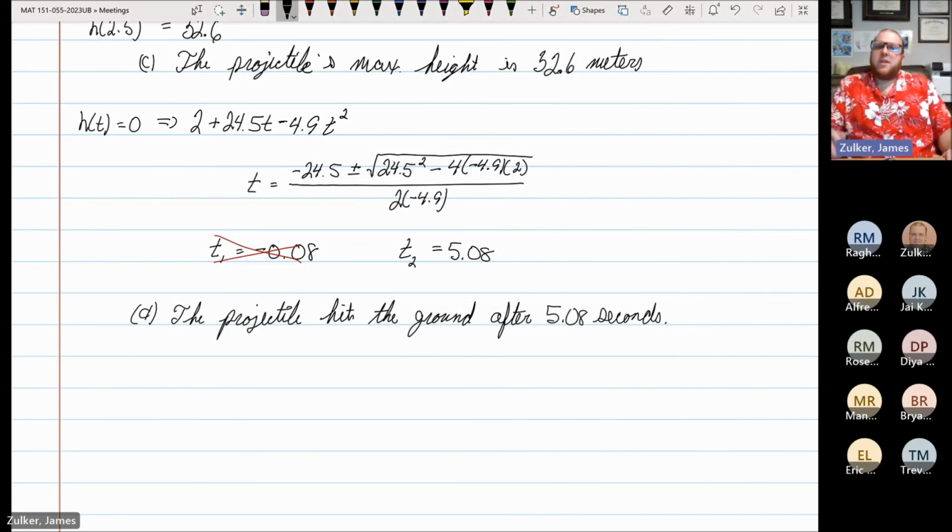So we take 5.08. The projectile is going to hit the ground after 5.08 seconds.